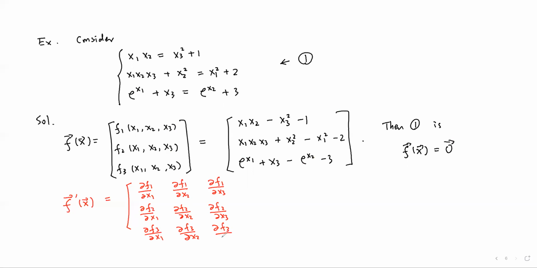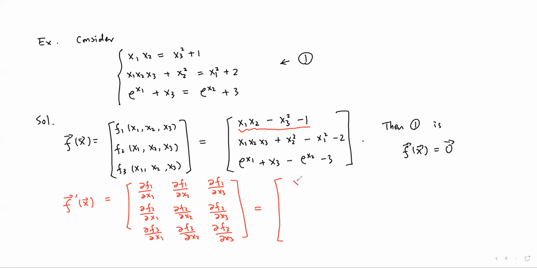Partial f1, partial x1: this is f1, hold x2, x3 fixed, consider them constant, then take the derivative with respect to x1.